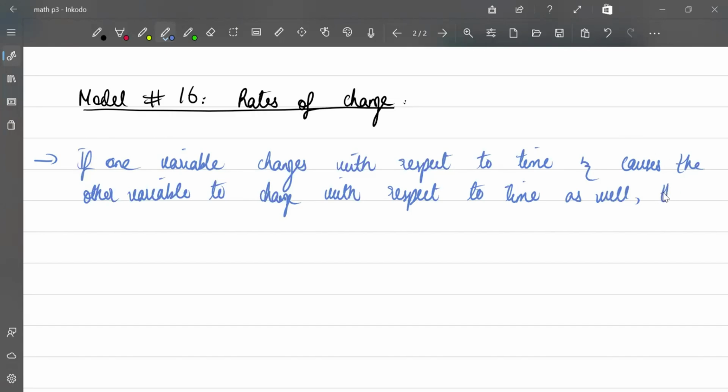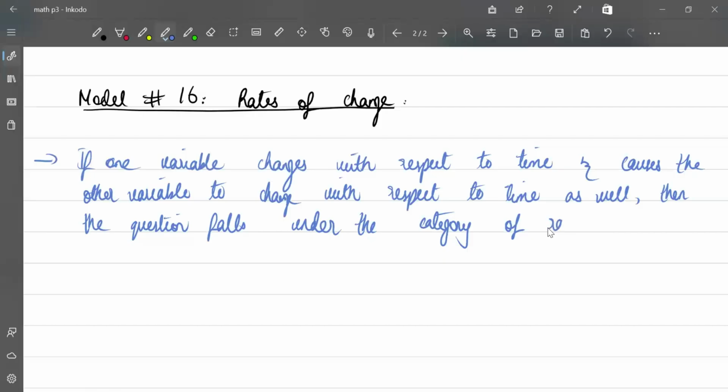then the question falls under the category of rates of change.